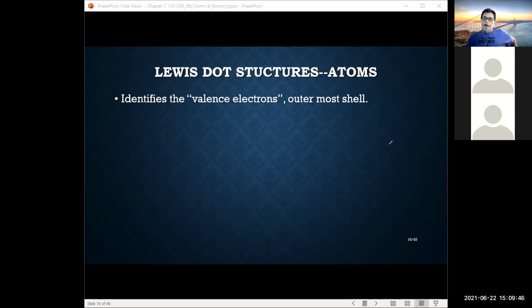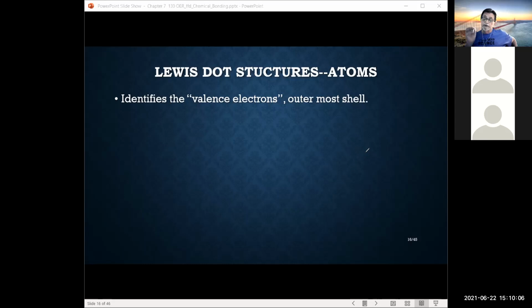So we need to identify the number of valence electrons, and one way to describe them is to draw these valence Lewis dot structures for the atoms. We were going to learn how to do Lewis dot structures for compounds, but right now it's simply atoms.